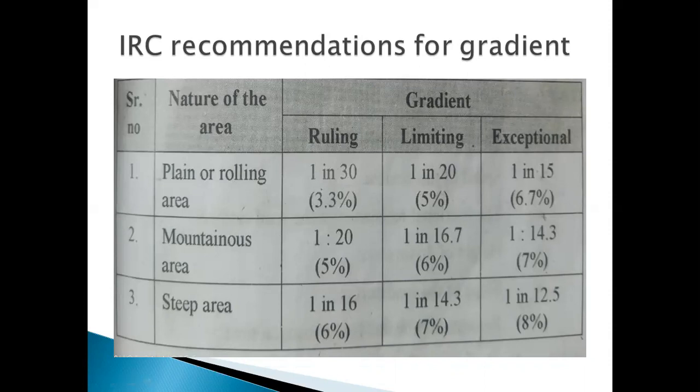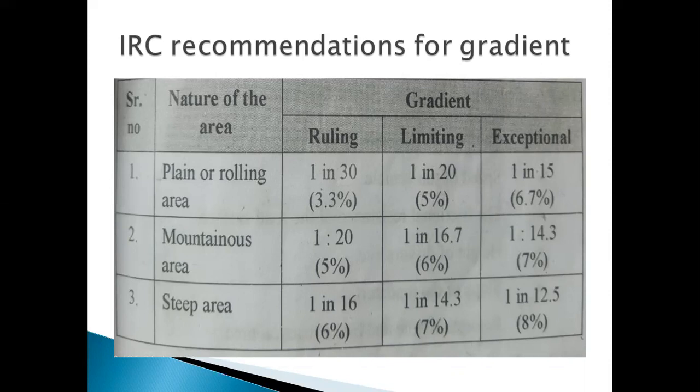For the mountainous area, we can provide the 5% ruling gradient. Then for steep area, it is 1 in 16, or in percentage 6%.